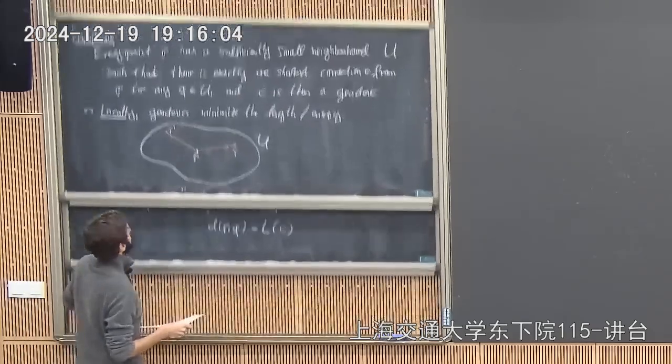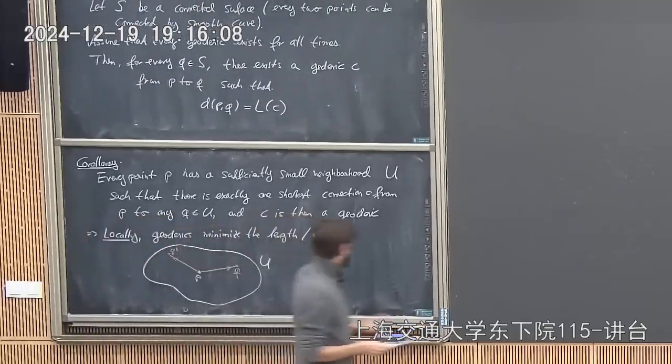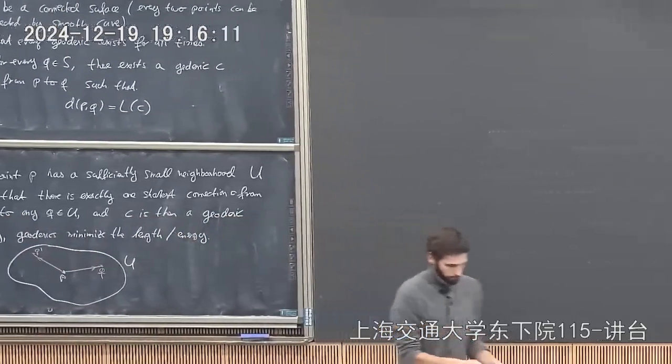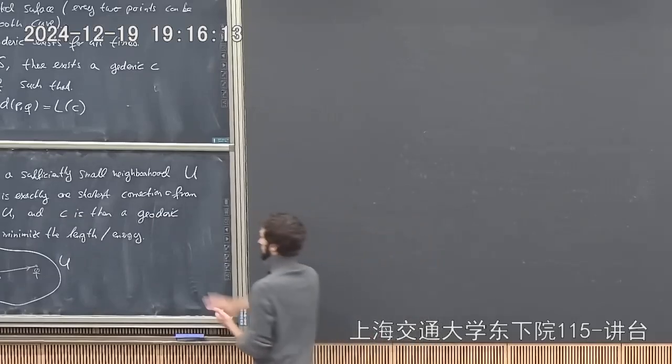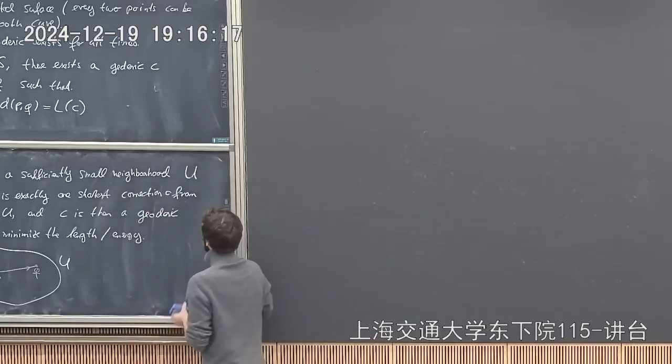So it's similar to this corollary, but now we assume that it's not a small neighborhood, but really the whole surface.